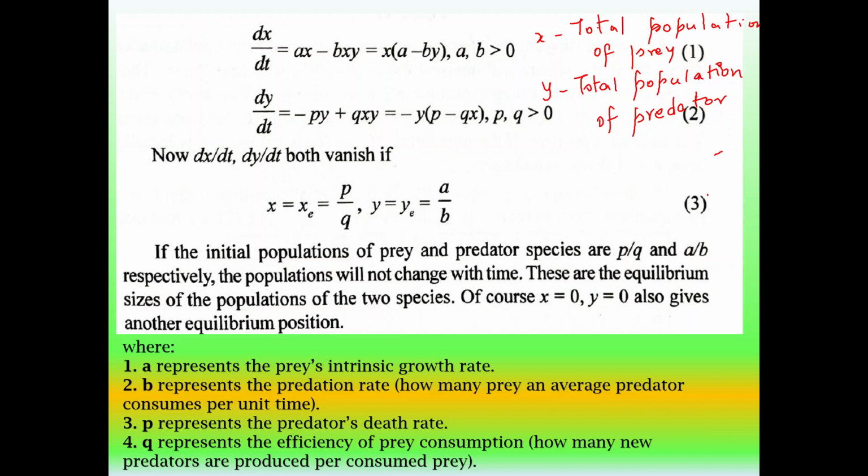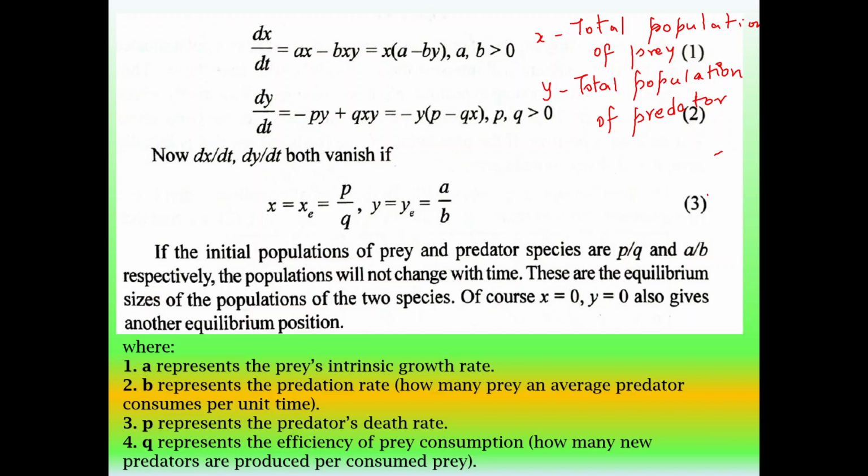Before calculating these two equations, we need to remember that whenever the count of the prey or predator is increased, the quantity to be assigned a positive sign. Whenever the population count of the prey or predator is decreased, the associated sign will be a negative sign.